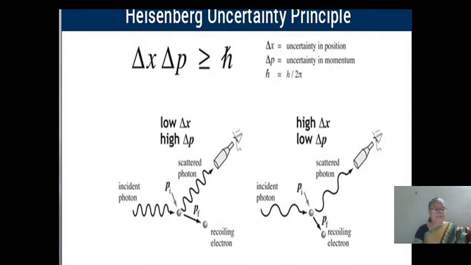There is uncertainty in the simultaneous determination of position and momentum of an electron. The uncertainty is a fundamental limit of nature, and it applies to all conjugate quantities such as position and momentum, energy and time, etc.